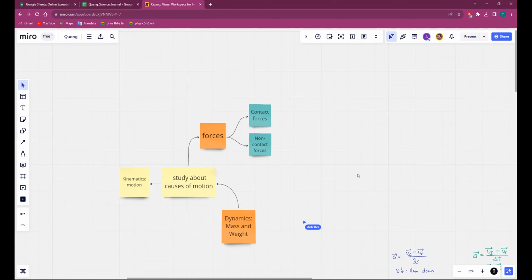It shows a direction. For example, if we have an object and we just represent it by a point, the mass is concentrated on one point, which is a point mass.